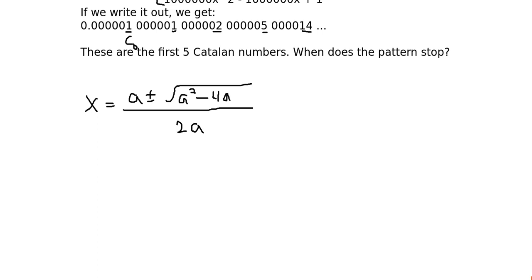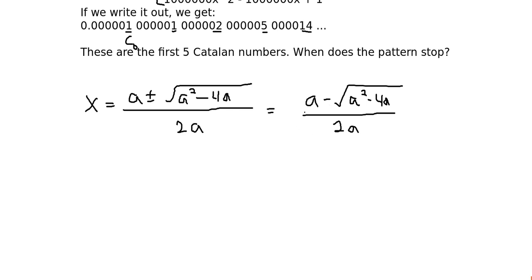So for our smaller root, notice that since A is a positive number, A squared minus 4A is less than A squared, which means that the square root here is less than A. So our smaller root, which will also be positive, is A minus the square root of A squared minus 4A, over 2A.